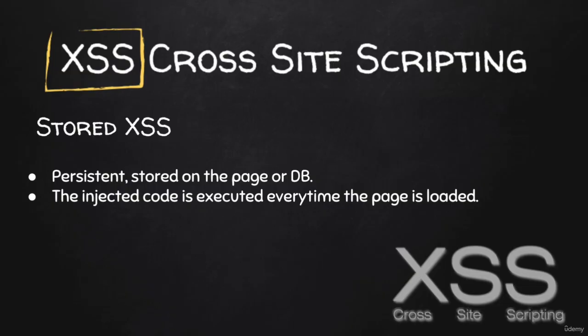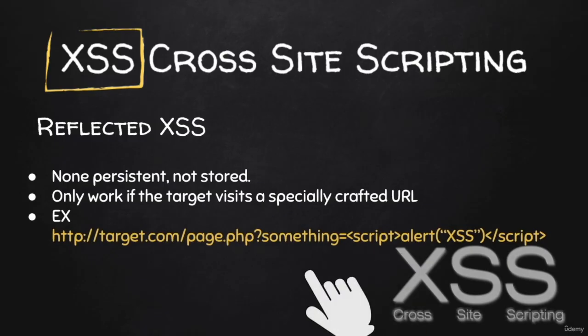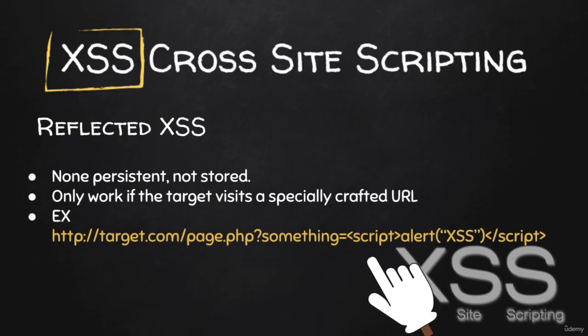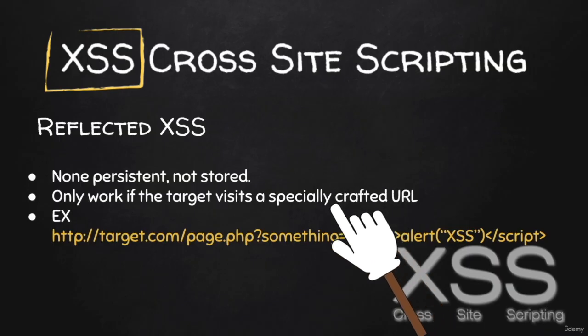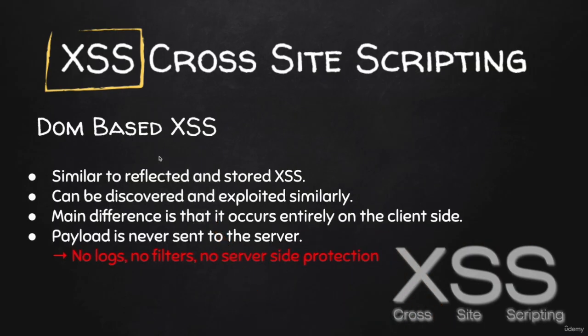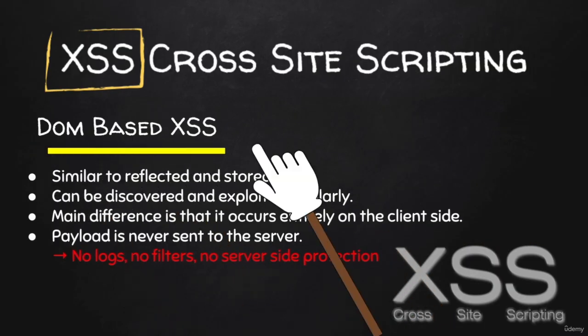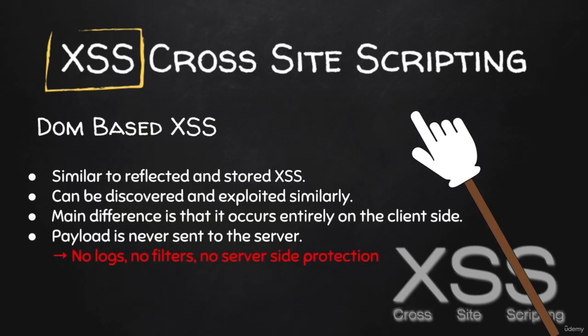But the idea is, with the stored, the code is stored in the page, so you don't need to communicate with the target. So for example, if you discover a stored XSS in Google, the code will be executed on every browser that visits Google. Whereas if it's reflected, you will still need to get your target to actually click the link that contains the code.